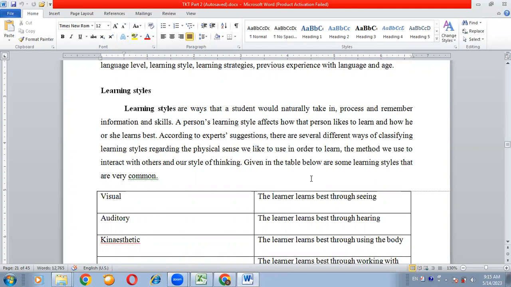According to expert suggestions, there are several different ways of classifying learning styles regarding the physical sense we like to use in order to learn, the method we use to interact with others, and our style of thinking. Given in the table below are some of the learning styles that are very common. They are the learning styles which were taught in TKT Module 1.